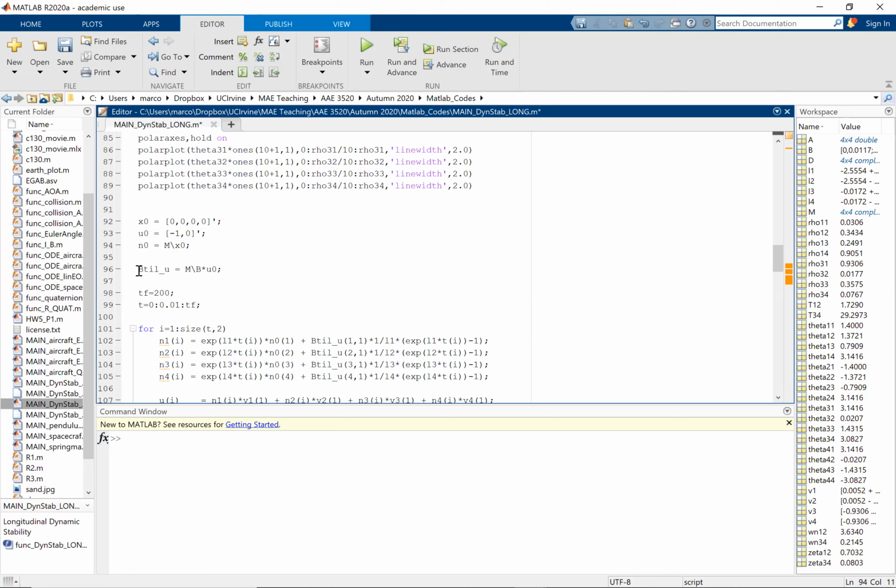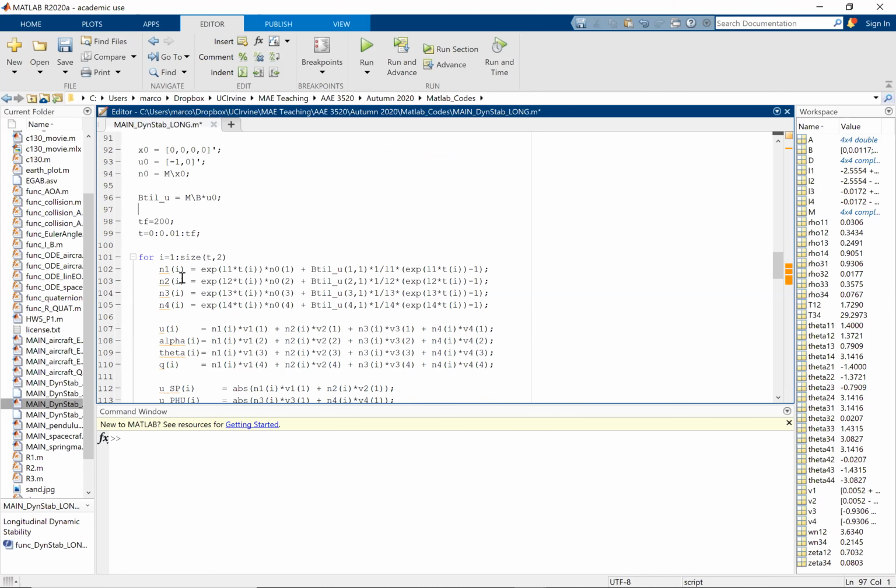Now we have this b tilde, which is actually m inverse times b, times u0, and well, it's pretty clear from how it's written.